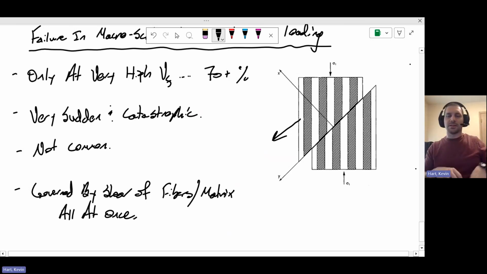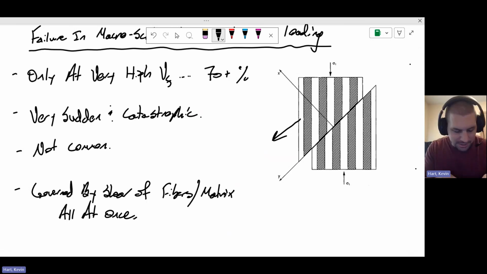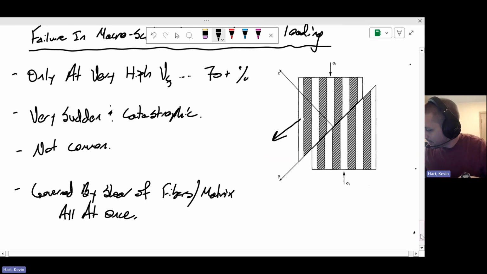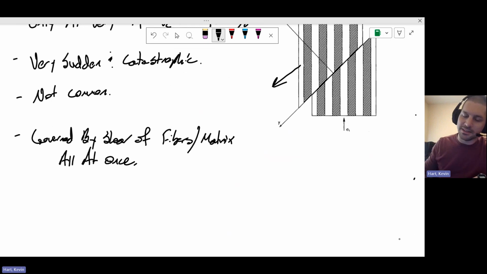And so when you think about what's going to be included in this failure criteria, the volume fraction of the fibers is going to play an influential role, and the shear properties of both the fiber and the matrix are going to play an influential role. There's some additional math about how to get to this in the notes.